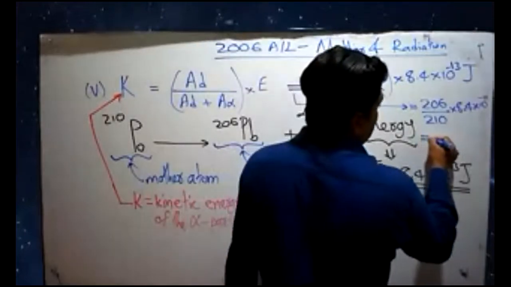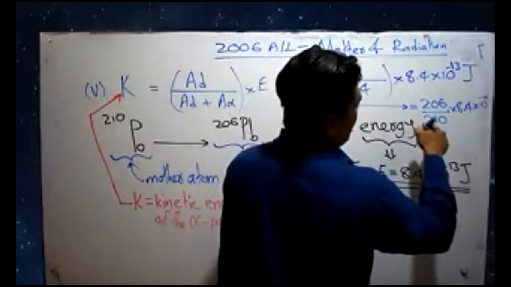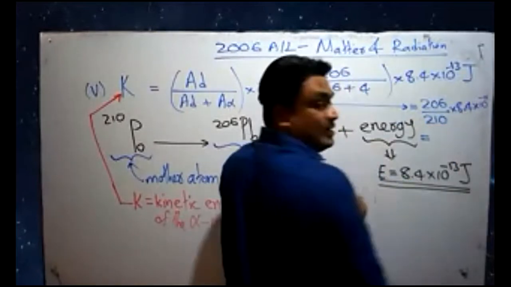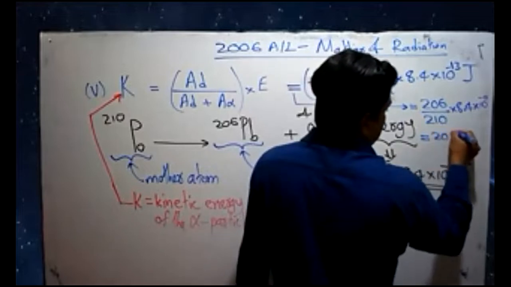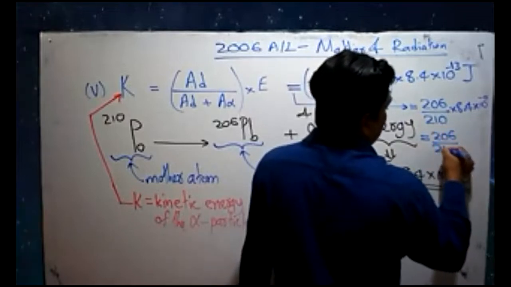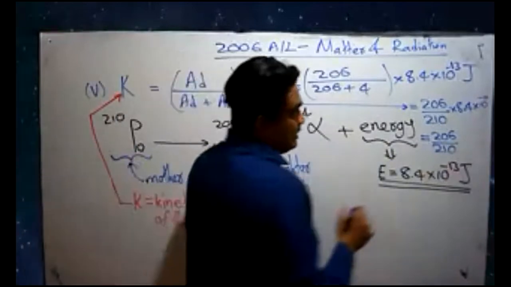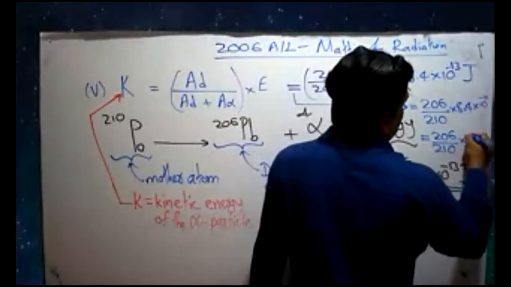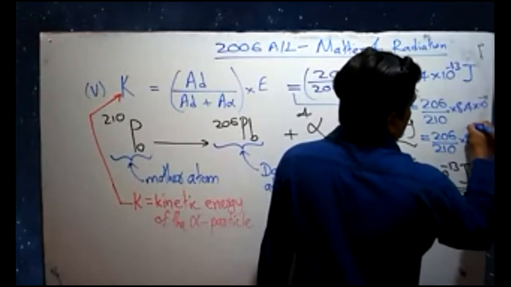This can be simplified like this. You see, 206 over 210. I will not do anything to this 210. But 8.4, let me write 8.4 as 840.